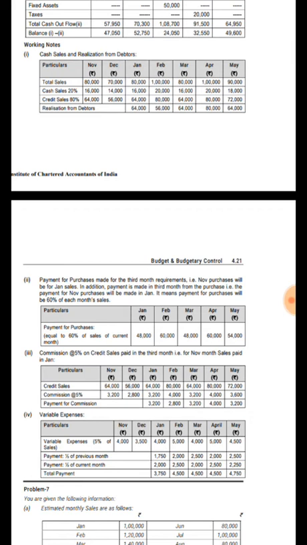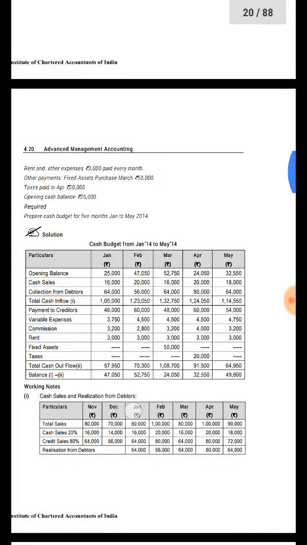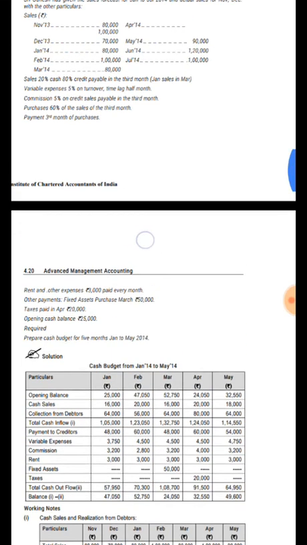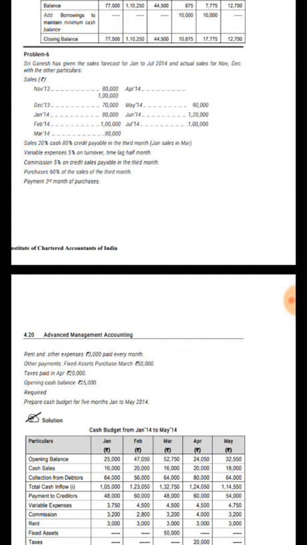It means payment for purchase will be 60% of each month's sales. Okay, nothing very simple. What they are saying is purchase is 60% of sales of the third month. Just see November. Okay, for January we are purchasing in November.